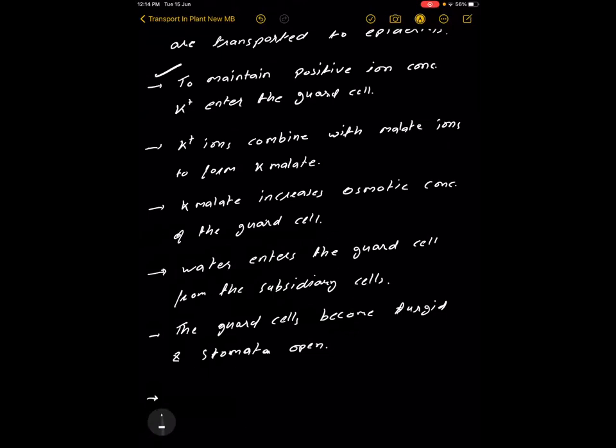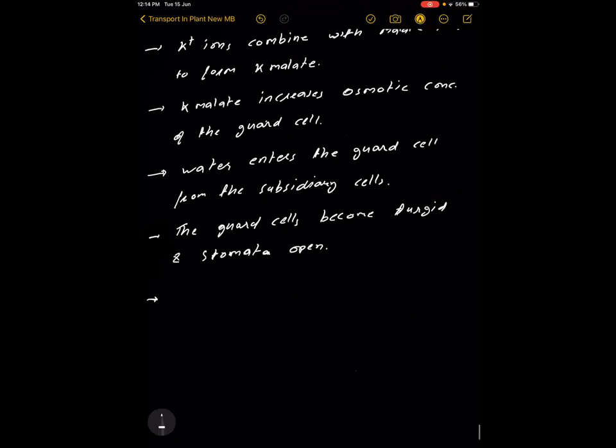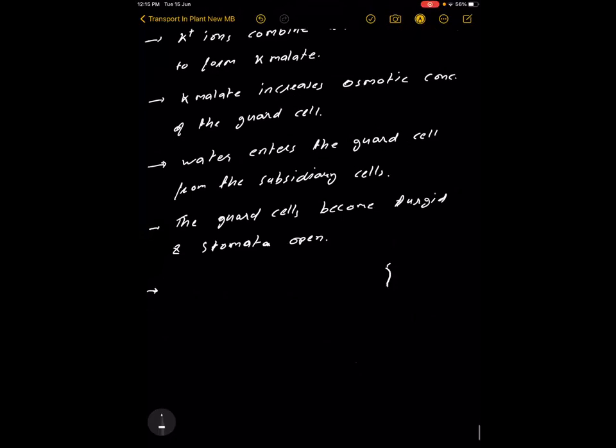Okay, fine. So the guard cells become turgid and stomata open. Sir, if the wall is thick, it has to gain a concave shape. That's why the inner wall is thick, right? The shape is there to ease the stretching, and the stomata is easily opened.